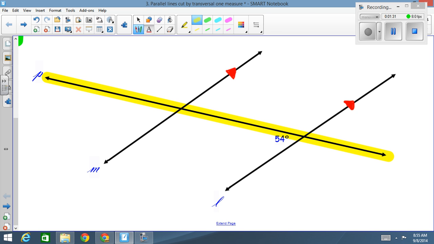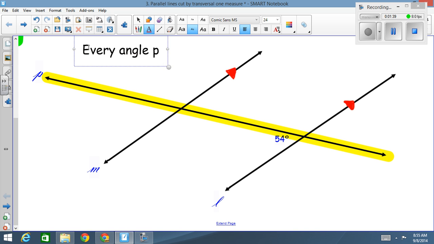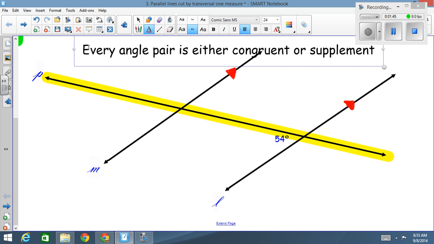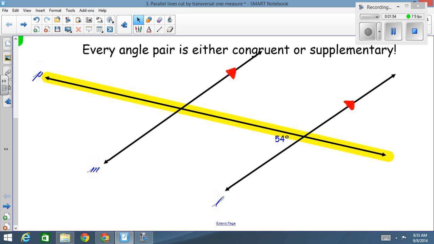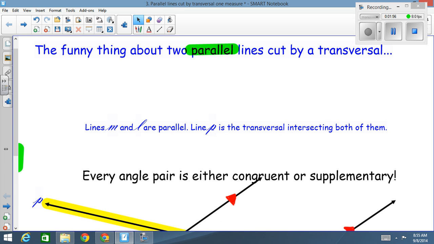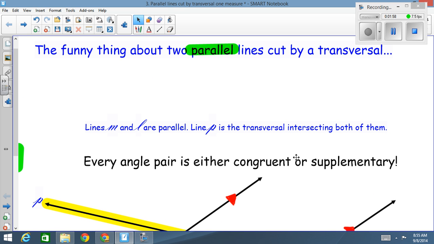When you have two parallel lines cut by a transversal, every angle pair is either congruent or supplementary! That's the funny thing that happens. You may not think it's funny right now, but it is funny. So every angle pair is either congruent or supplementary.